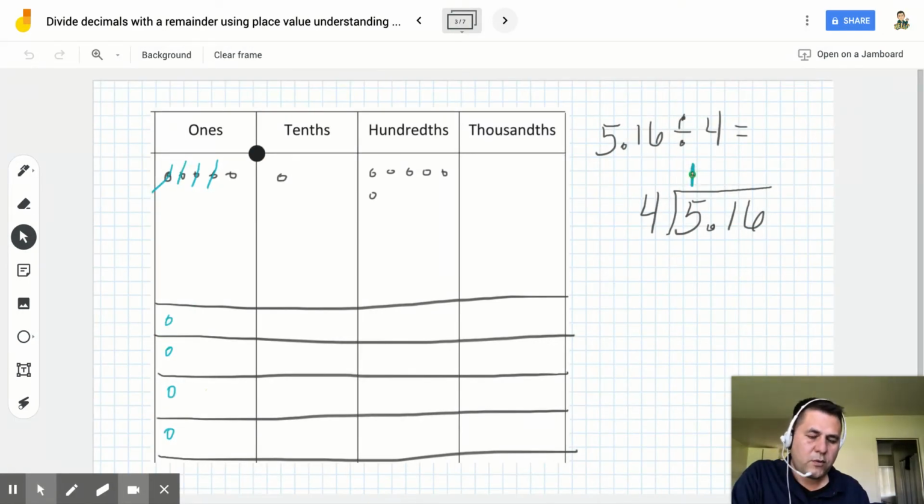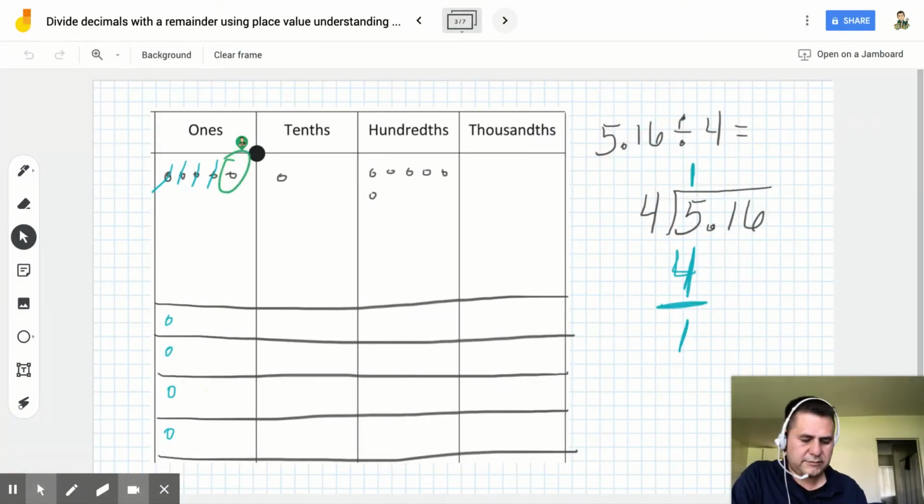If I give away 1 to everyone, how much have I given away in total? 4. I've given away 4. 1, 2, 3, 4. 4 have been given away. How many are left? 1.